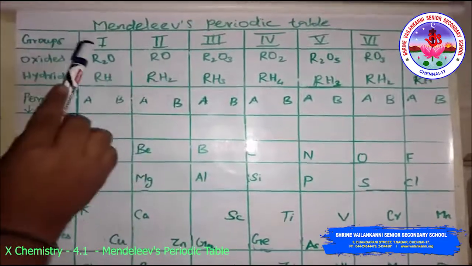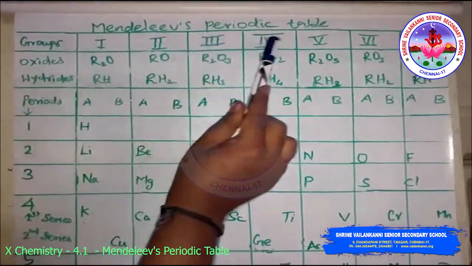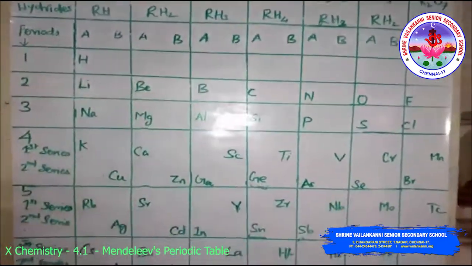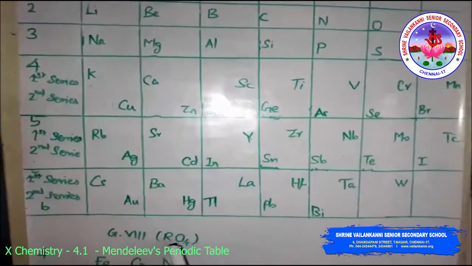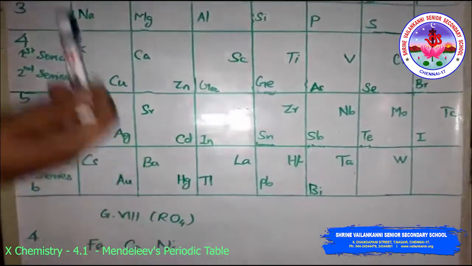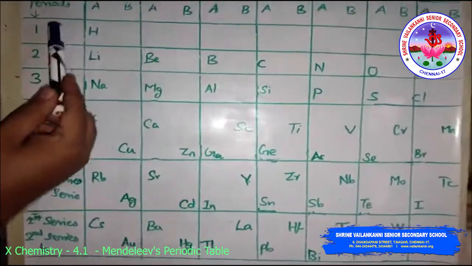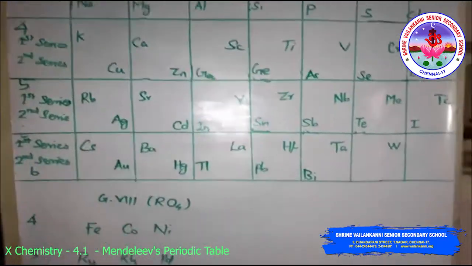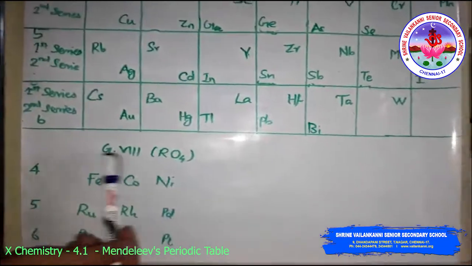So this is group 1, group 2, group 3, group 4, group 5, group 6 and group 7. Here I wrote group 8, the group 8 elements. Then the periods: totally 6 periods, 1, 2, 3, 4, 5, 6. Here also 4, 5, 6 for group 8 elements.